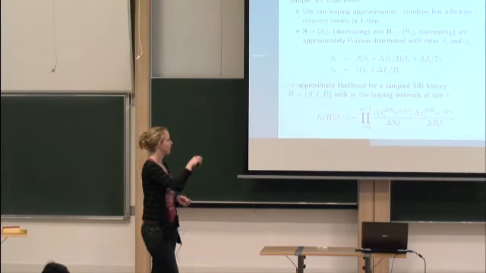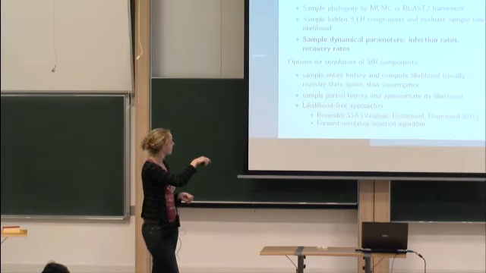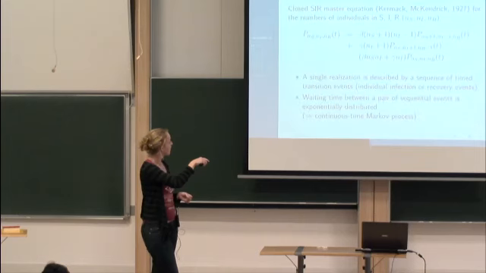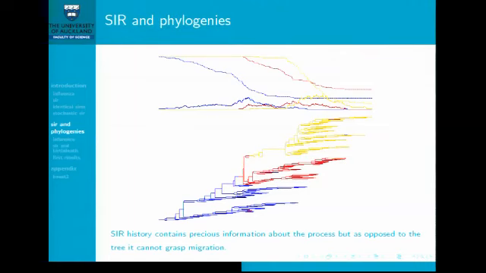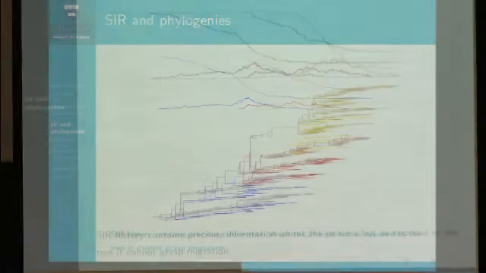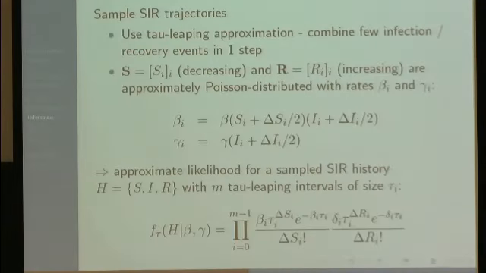So if you have the picture in mind from just before, you know that the transmission rate from one step to the next depends on the number of susceptibles and infecteds that exist at a certain time. And that's why we do the splitting up into smaller intervals here.